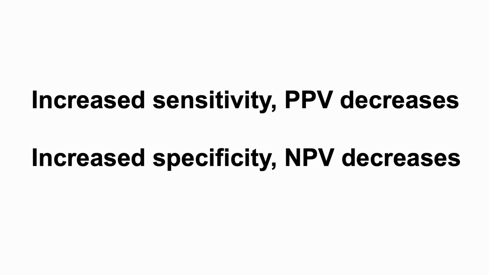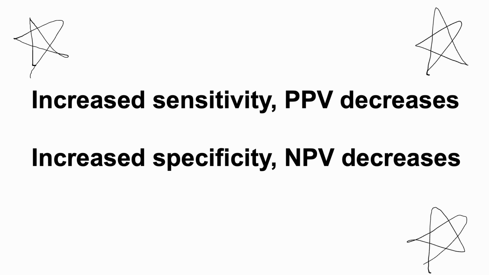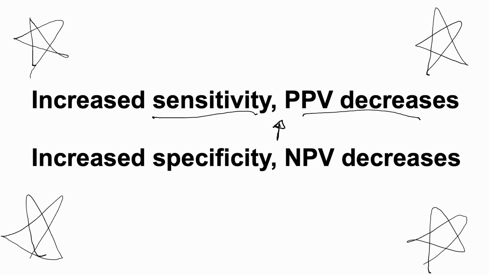So this is another super high yield slide, super commonly tested on every exam. When you have increased sensitivity, your positive predictive value decreases, and that's because you're increasing the amount of false positives. But when you increase sensitivity, you obviously decrease the amount of missed positives, so you reduce the amount of false negatives.